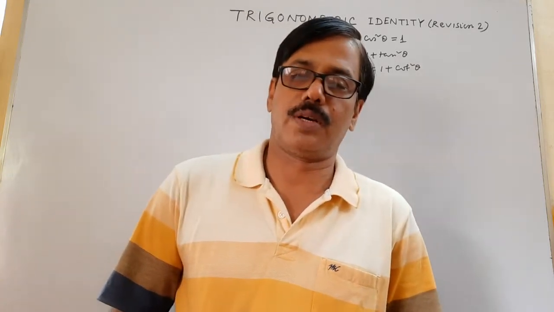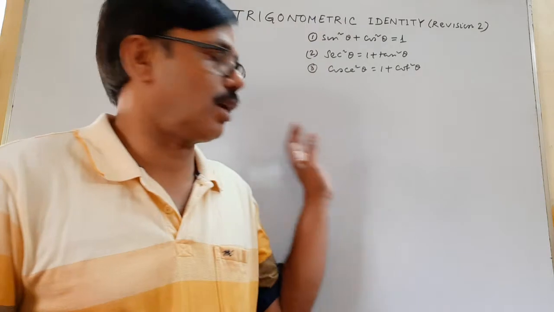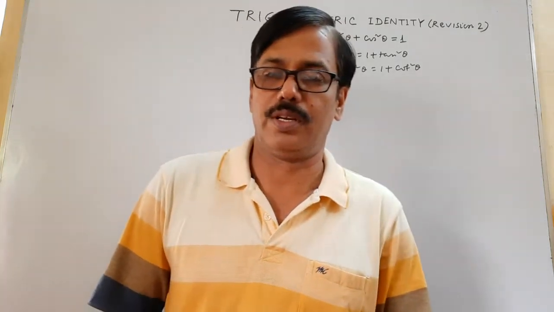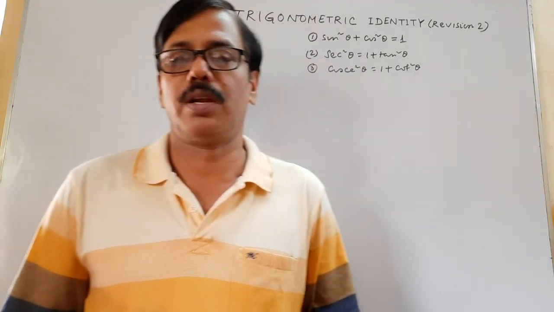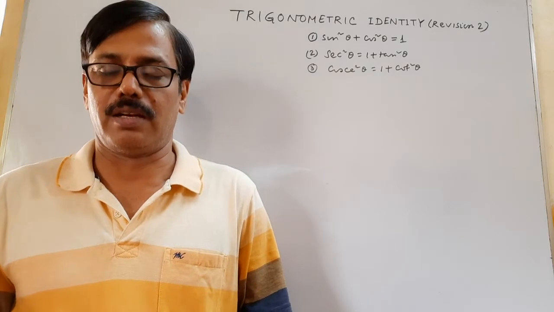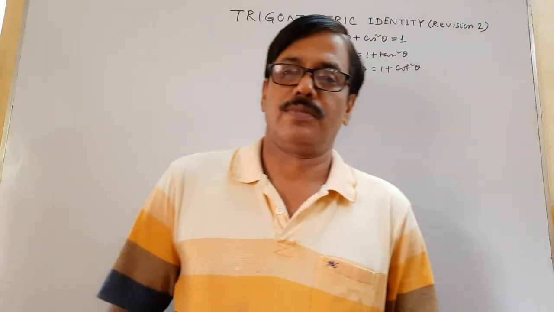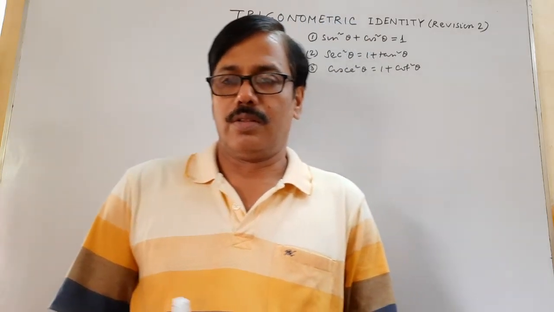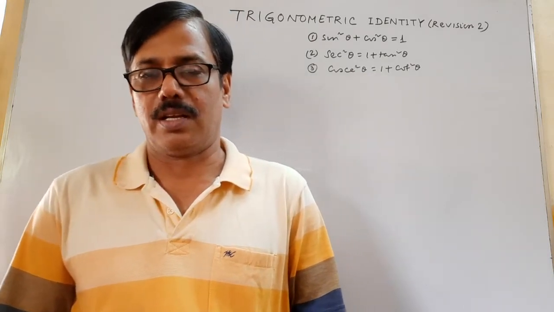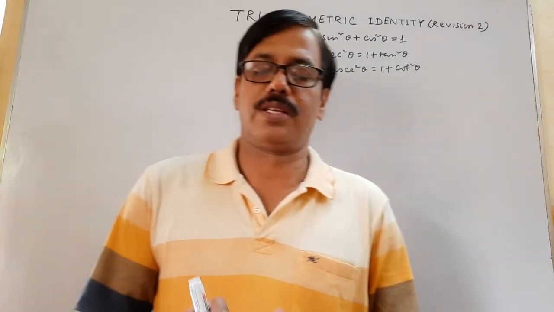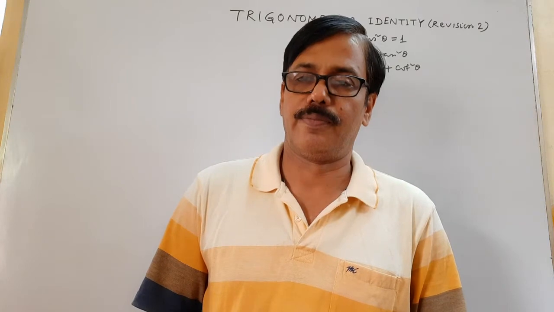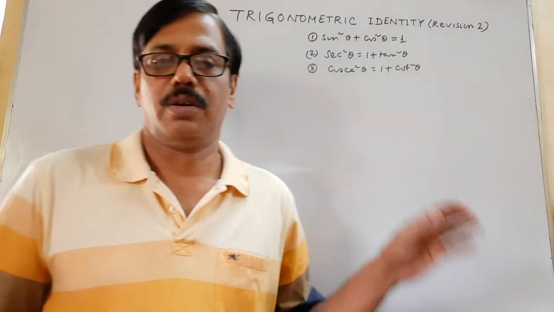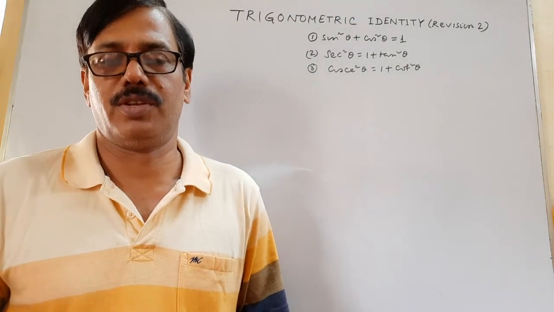In revision part 1, I have discussed what is trigonometry, what are the different methods of measuring angle, S equals r theta, proof of S equals r theta, and problems relating to this theorem.